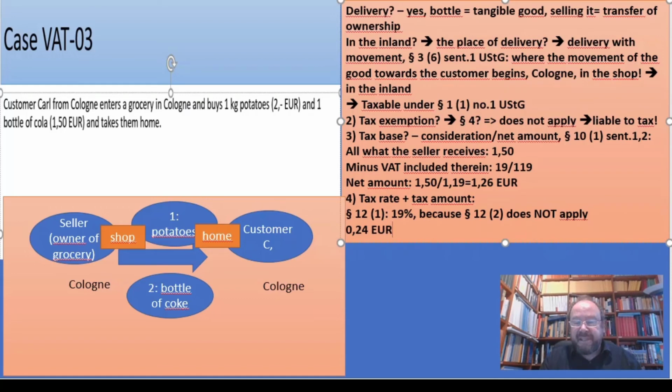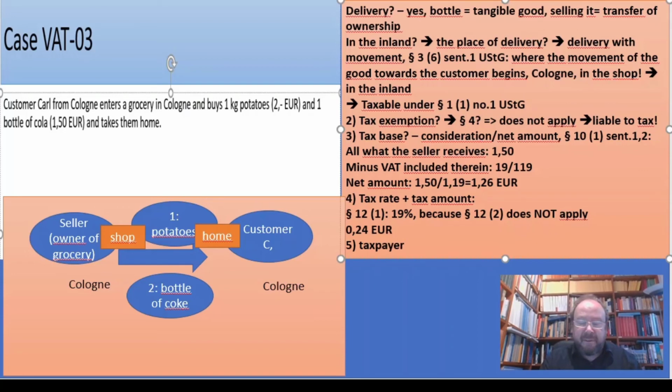So here 19% on this, that's 24 cents. And we have again the taxpayer, that's again the entrepreneur. So the seller, 13.1, number 1 UStG.